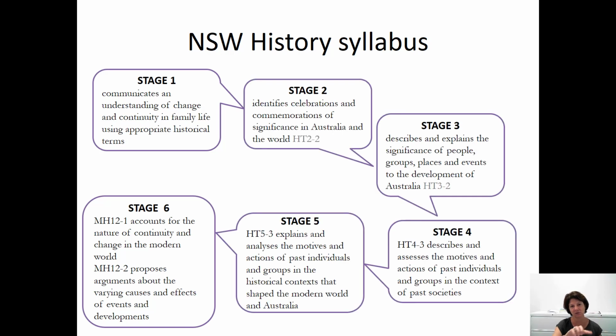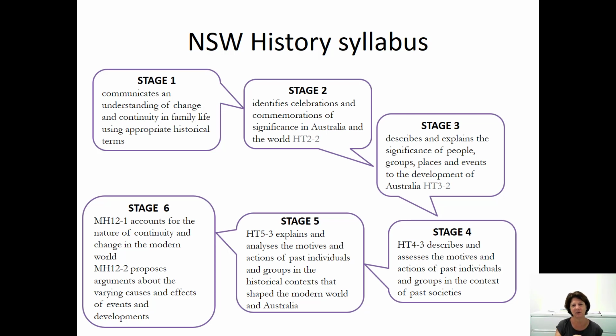And so if we were to trace all the way through from stage 1 through to stage 6 in history, we see this continuity of the idea of change and continuity being recycled and then expanded upon as we work through schooling. And at each point, the language is being asked to do something else, and probably the numeracy as well in terms of timelines and all sorts of other numerical sorts of attributes.